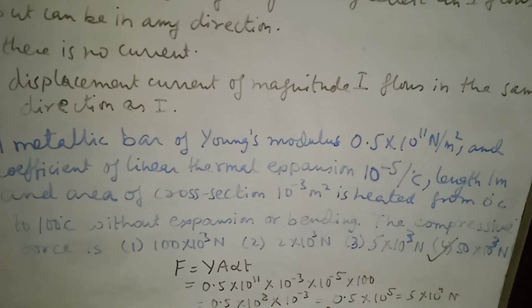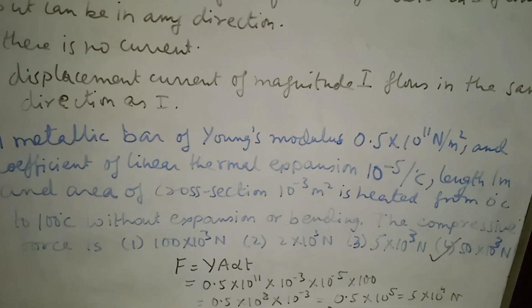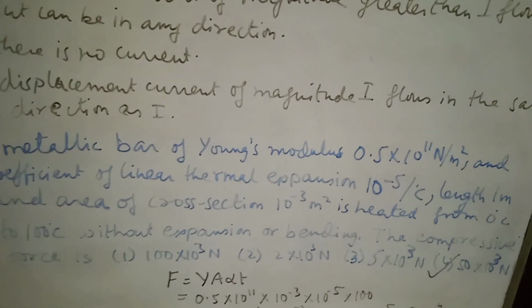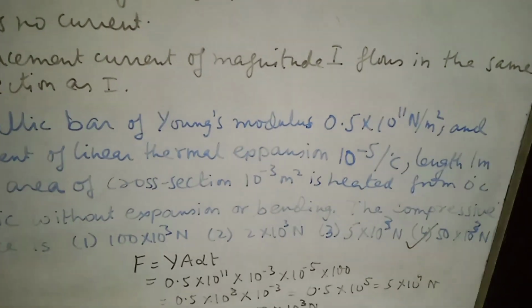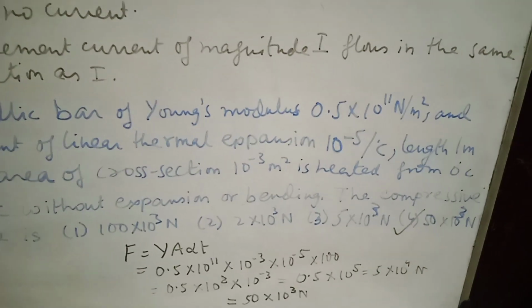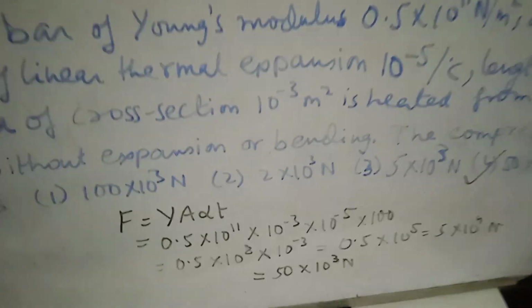So the compressive force is: number 1, 100 × 10^3 newton; number 2, 2 × 10^3 newton; number 3, 5 × 10^3 newton; and number 4, 50 × 10^3 newton. So these are the options.